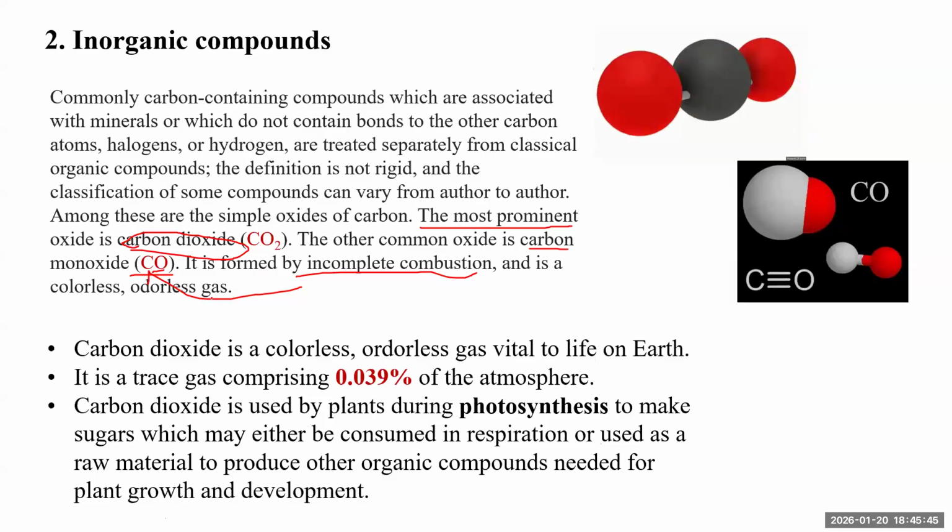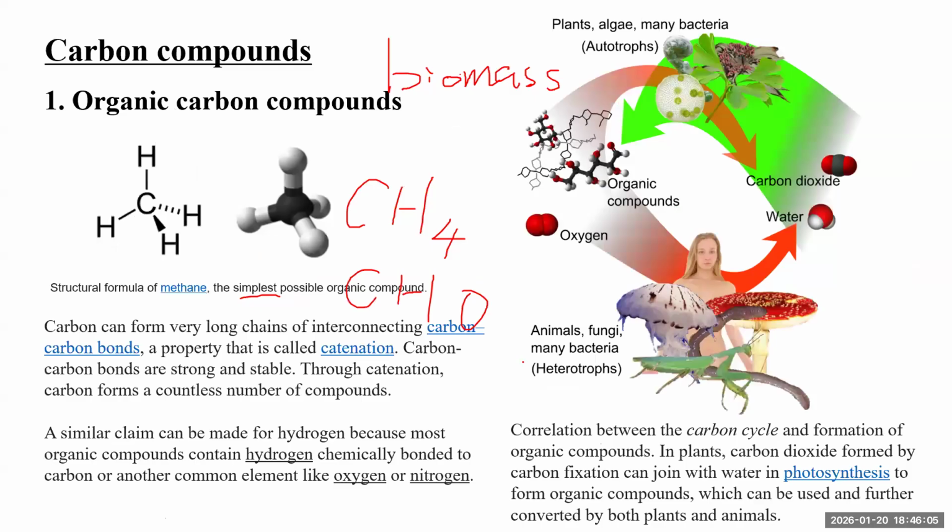And then for the carbon emissions, it is the inorganic compounds of carbon. So carbon monoxide, carbon dioxide, in fact, is a colorless, odorless gas, but it's very vital to the life on Earth.